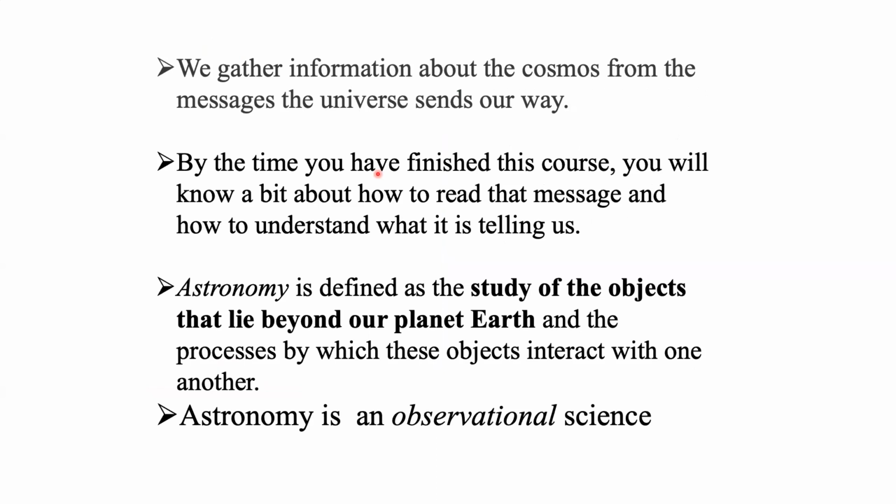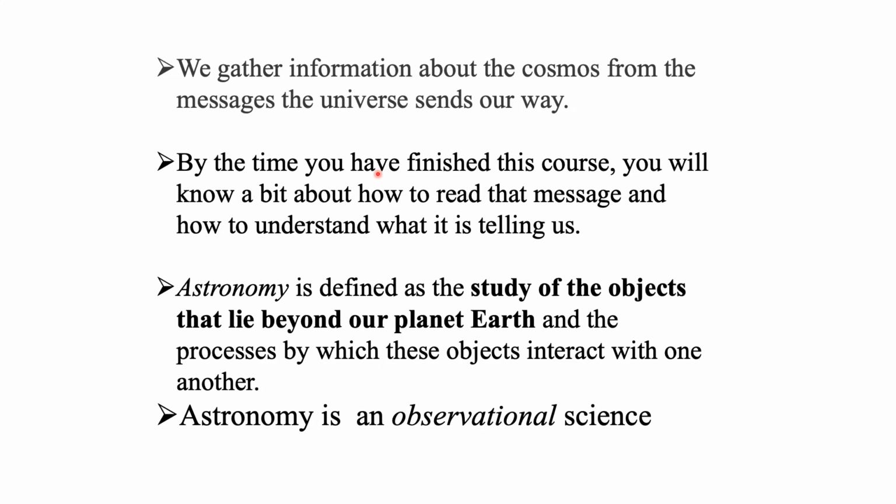Now, what you can see from all the observations I have shown you up to now is that astronomy is a completely different science compared to other sciences that you used to learn, right? We have to get the information about the cosmos from the messages that we receive from the universe.